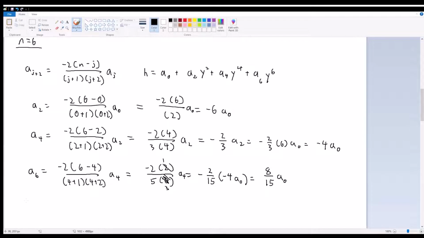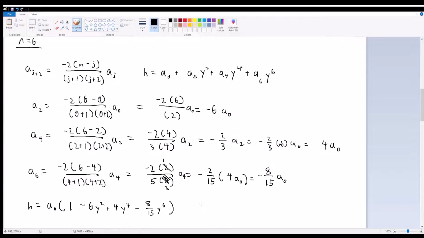So finally, our h term is going to equal a naught times 1, and then subtracted by 6, I believe. There's a mistake here. I added a negative here, so this is actually supposed to be positive. So if this is positive, then this term is going to be negative. All right, negative 6 times y squared plus 4 times y fourth minus 8 over 15 y to the 6th.